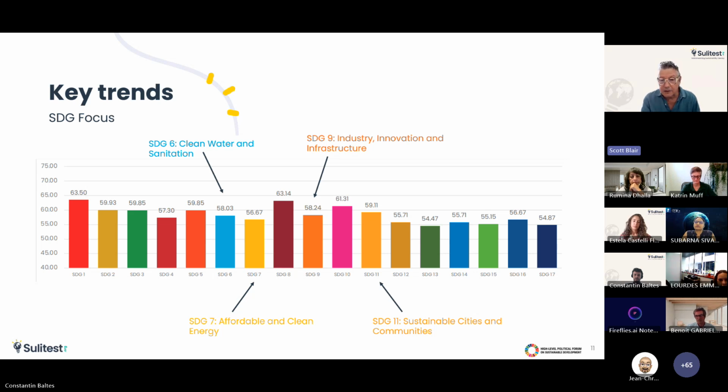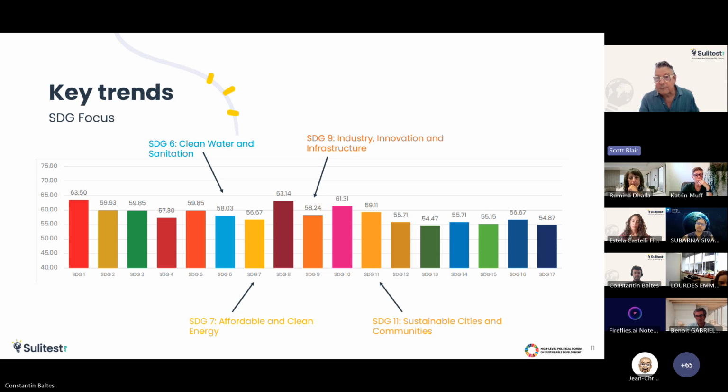The average score across all the SDGs is 58, so keep that in mind when you're reading all of these others. It's exactly 58.20. The highest scores in order are SDG 1, no poverty, SDG 8, decent work and economic growth, and SDG 10, reduced inequalities.